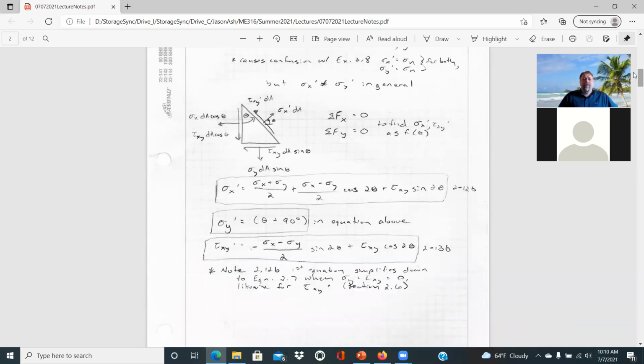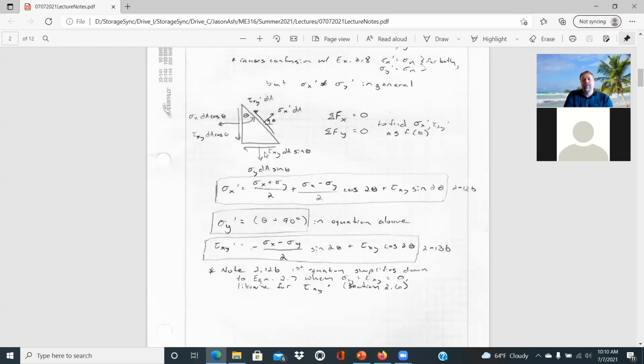And again, this is a refresher. If we take the element that we had on the previous page, with that angle theta, essentially all you're doing is a summation of forces. Looking at the bottom side, the differential area times the sine of theta would give us that area on the bottom, and multiplying by sigma y would give us a force in the y direction.